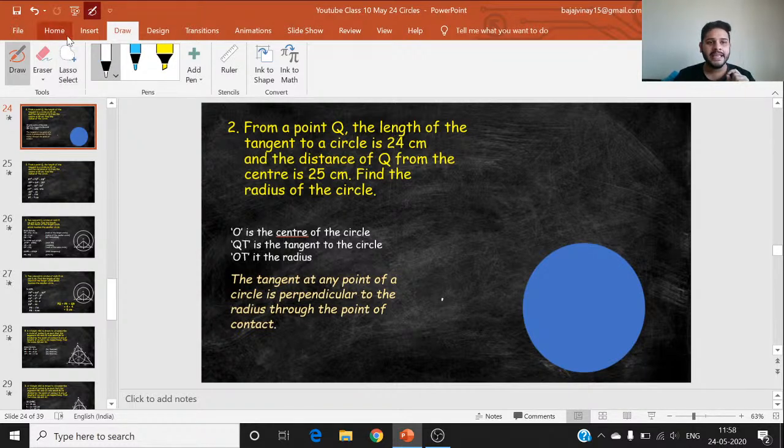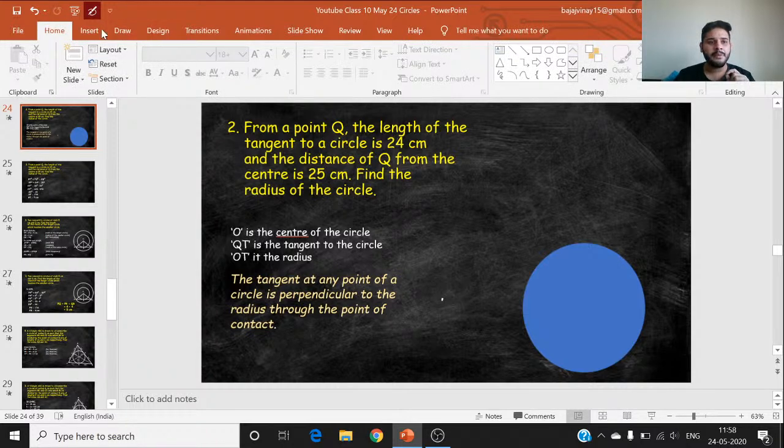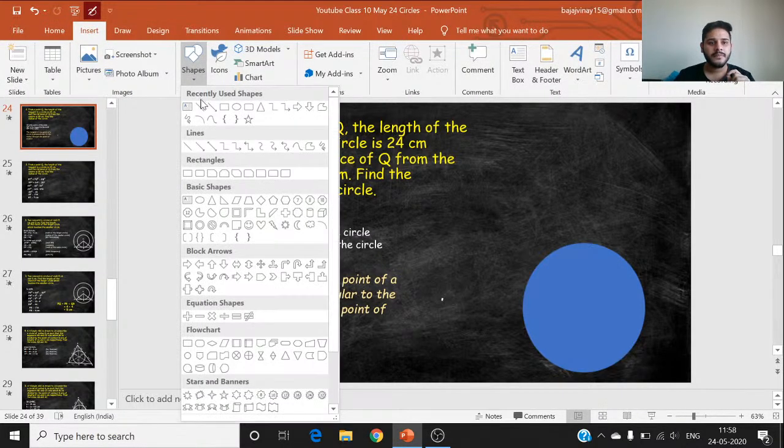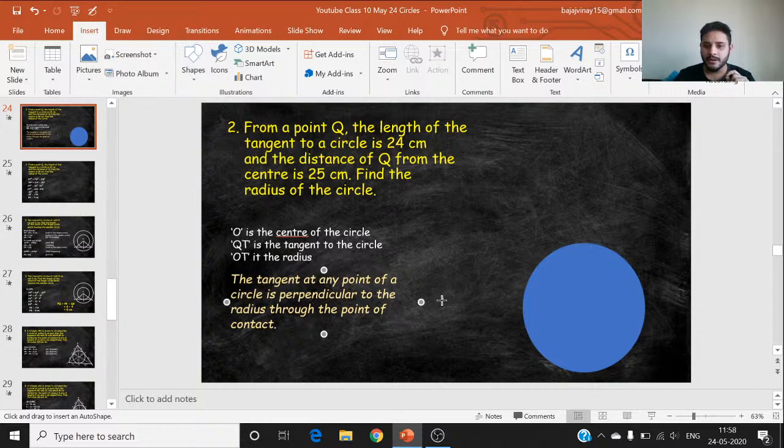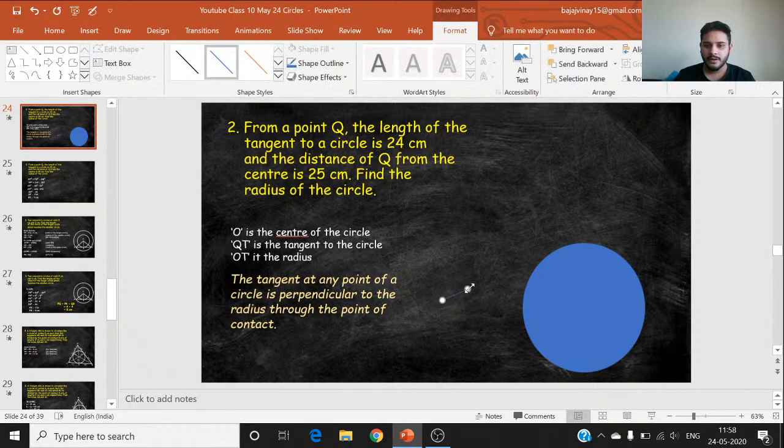I'll be inserting a line, and I will draw it right from this point and extend it to the circle. Likewise, I will draw another line from that particular point to the edge of the circle. I hope you are understanding how to draw the diagram as well.